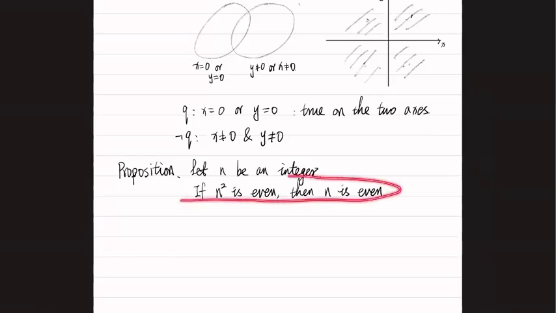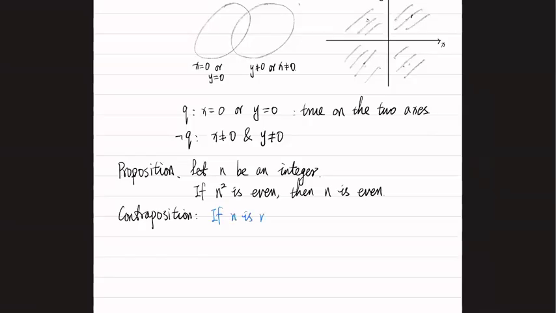If n squared is even, then n is even. Amy, how do you construct the contraposition of this proposition? If n is not even, then n squared is not even. Okay, very nice. Exactly what the contraposition says: the negation of Q implies the negation of P.